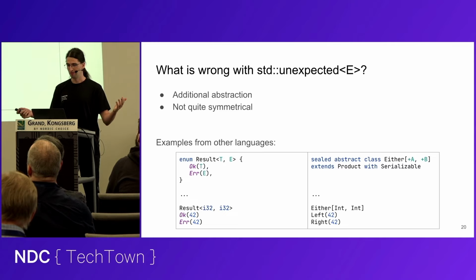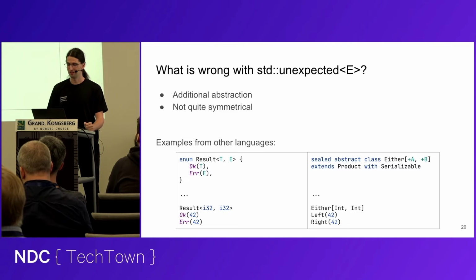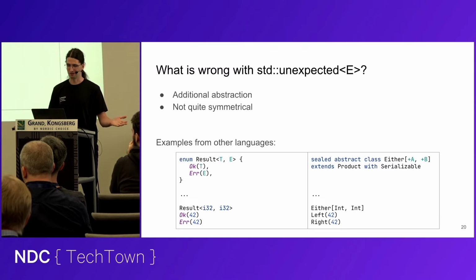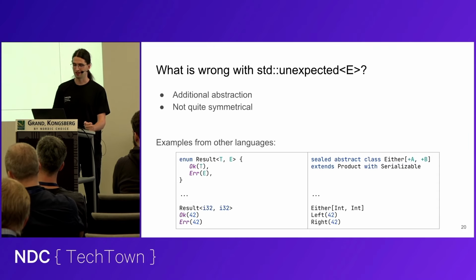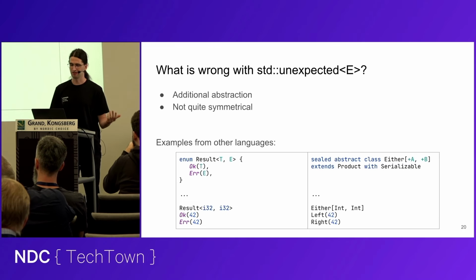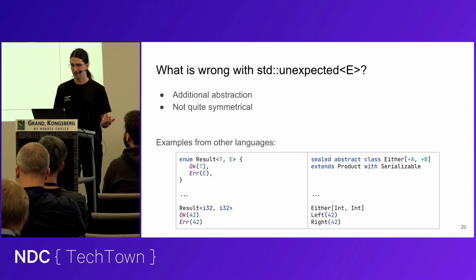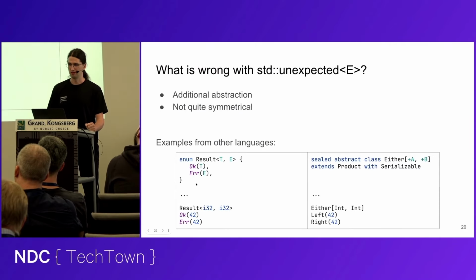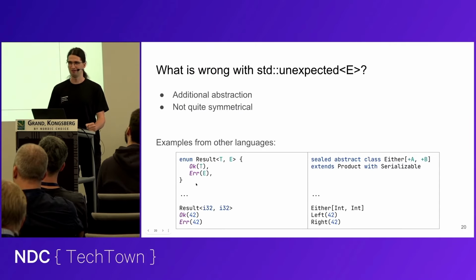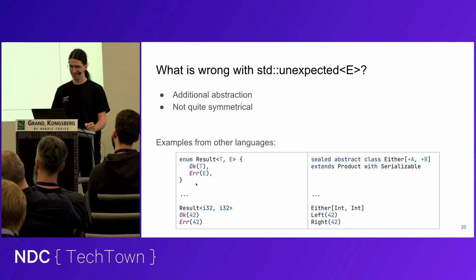So, but what's wrong with std::unexpected<T>? It's an additional abstraction. It's bad. You don't have to use too many abstractions if you don't have to. And it's not quite symmetrical. There are 2 examples from other languages. On the left-hand side is, I believe, a language that should not be named at this conference, but this one is from Rust.